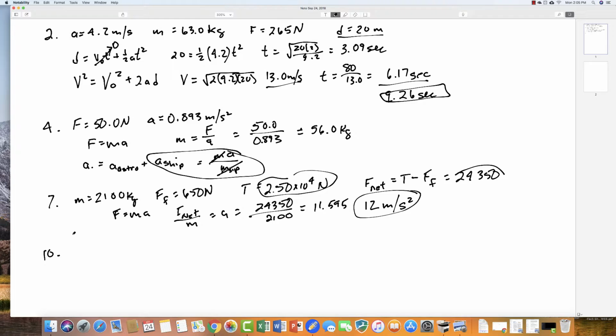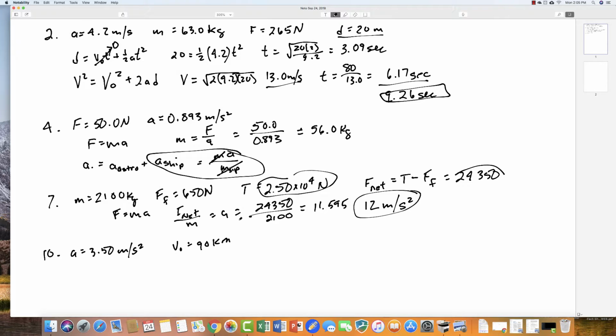Now, number 10 states the following. A powerful motorcycle can produce an acceleration of 3.50 meters per second squared when traveling at a velocity of 90 kilometers per hour. So the acceleration is going to be 3.50 meters per second squared at a velocity of 90 kilometers per hour.